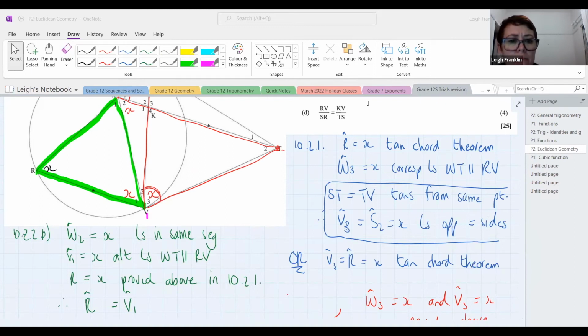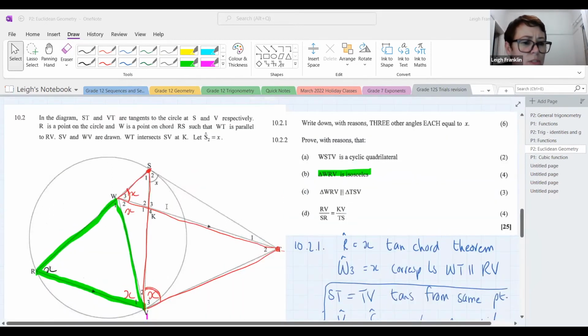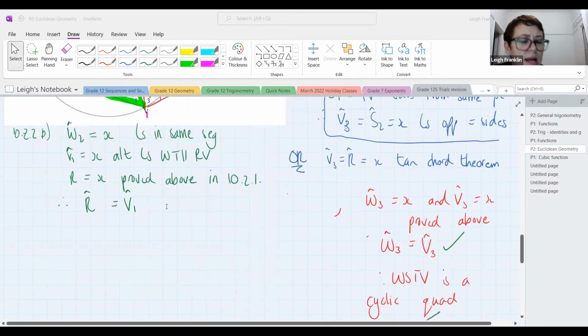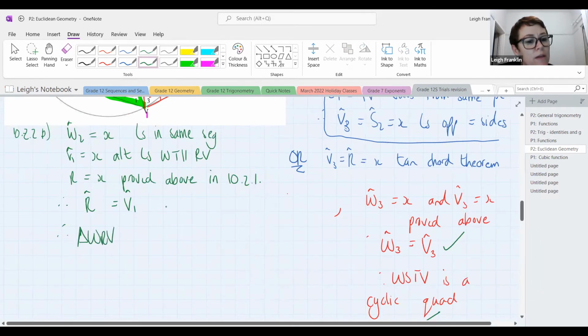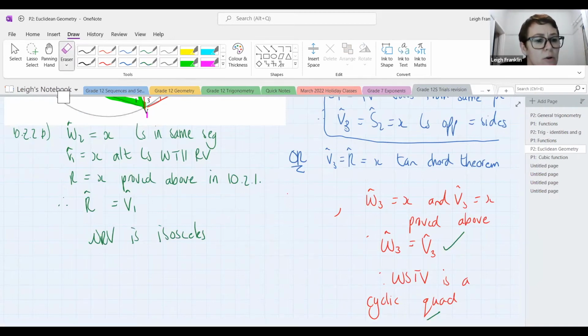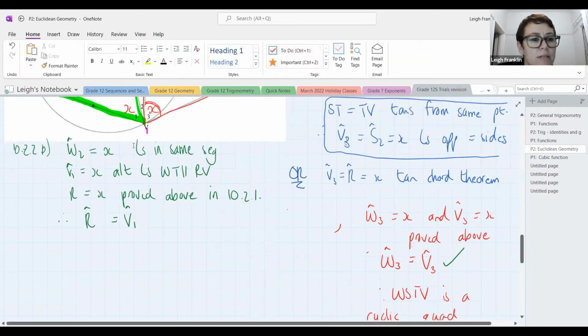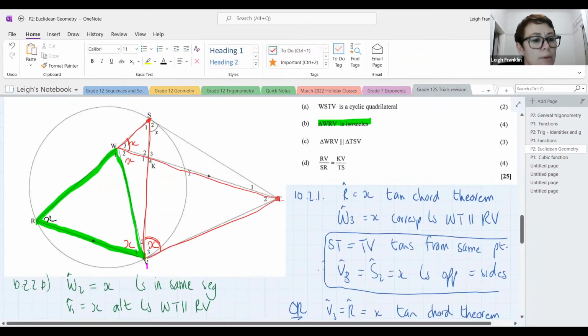I don't think so, Mr. Bavuma, but we'll have another look at it now. I don't think there's another way to do this. Therefore, triangle WRV is isosceles. Actually, no, hang on a second. Before we say that, we need to conclude, beg your pardon, just leaving things out here. Therefore, WR equals WV.